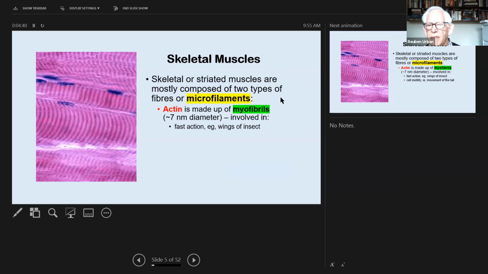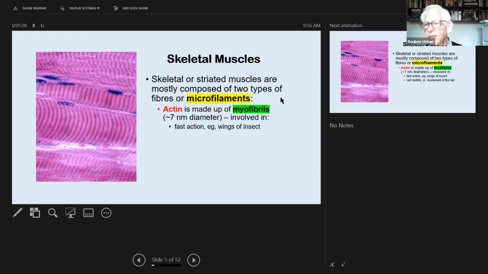Now, they are made up of two types of proteins, called myofibrils. There's one called actin, and actin is all over the body, not just in muscles, but in other areas as well. It's very, very thin, at about 7 nanometers.